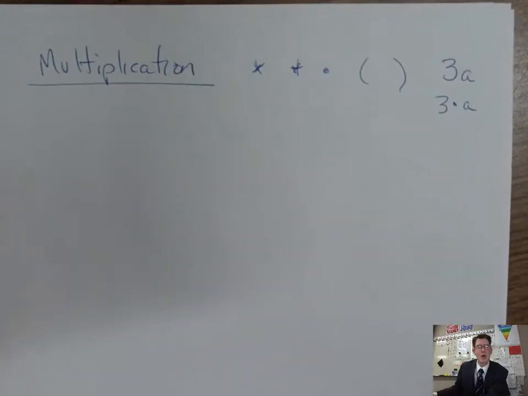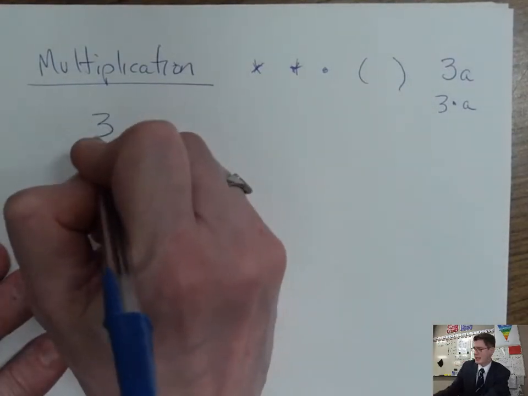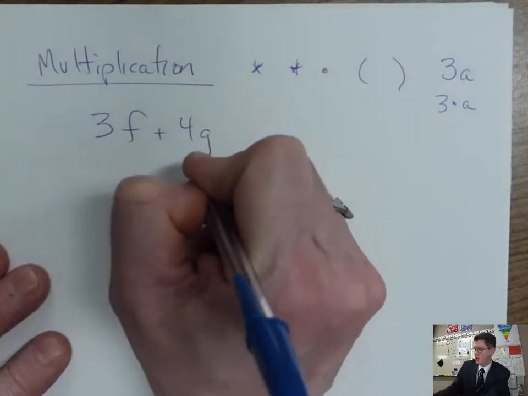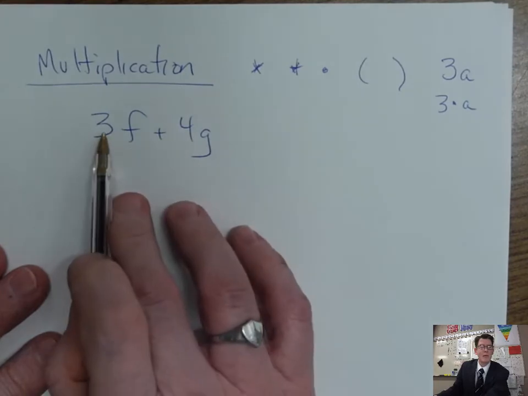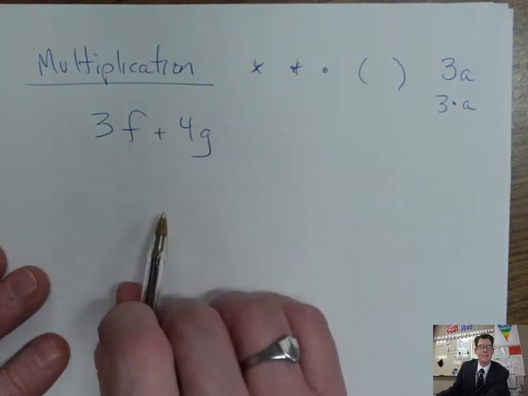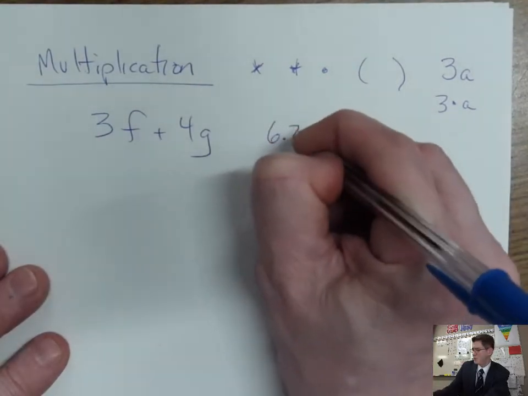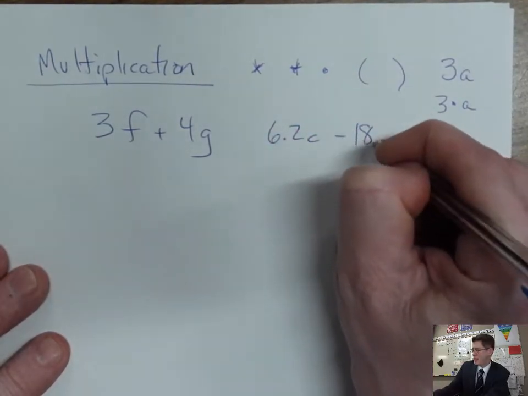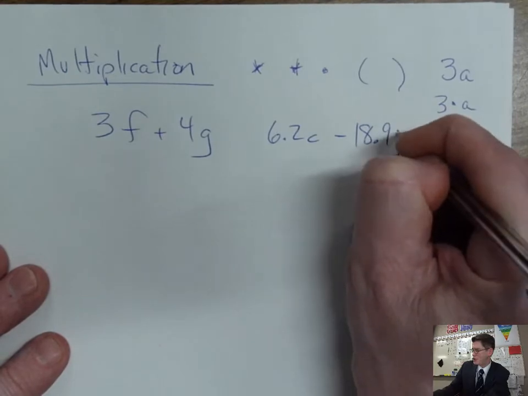So just be aware, first of all, that that's what multiplication is, because you'll see things today like 3f plus 4g. Well, what does that mean? Well, it means 3 times f and 4 times g, and then added together. What if I have 6.2c minus 18.9j?